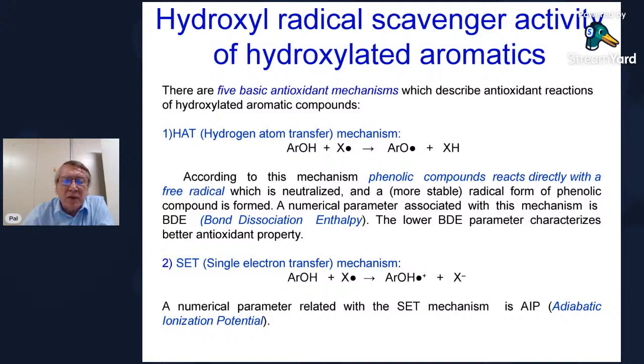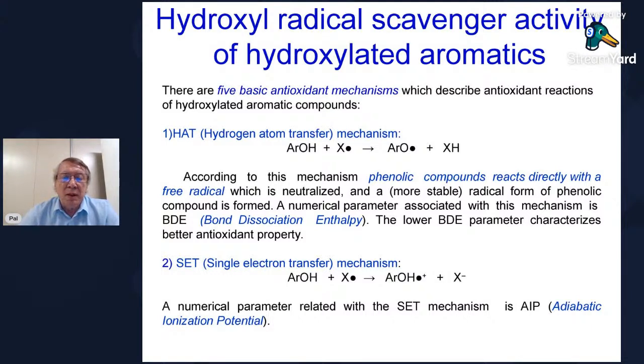The single electron transfer mechanism involves the transfer of one electron from the phenolic compound, and when one electron is transferred, the original radical is converted into an anion, and as a result, the phenolic compound is converted into a radical with a positive charge.